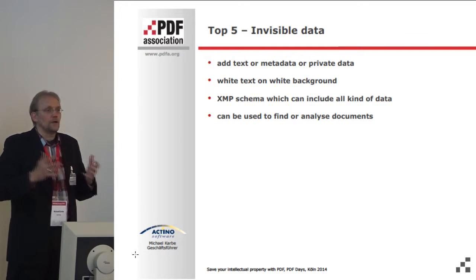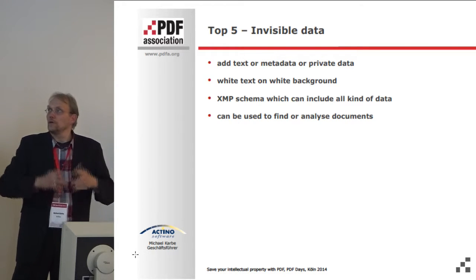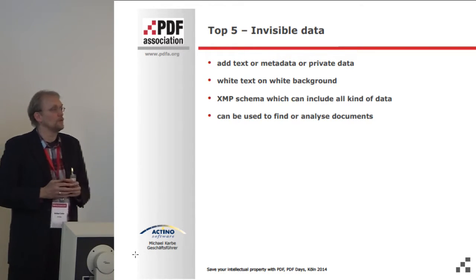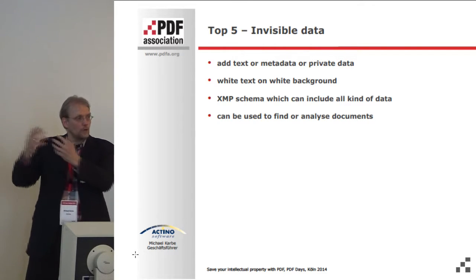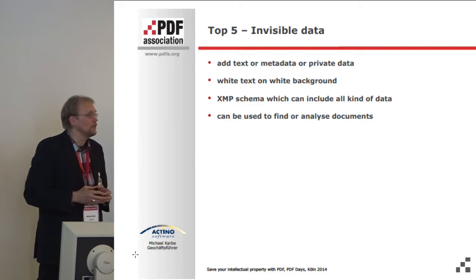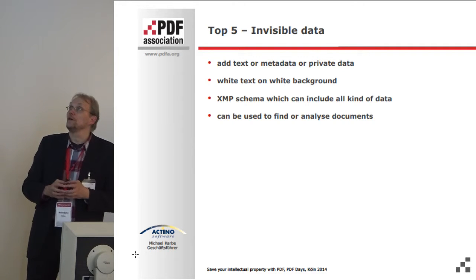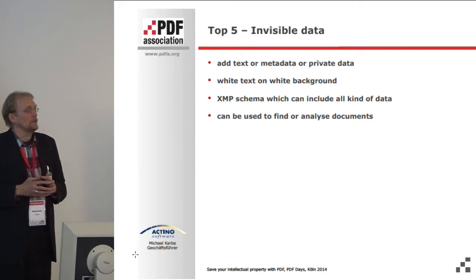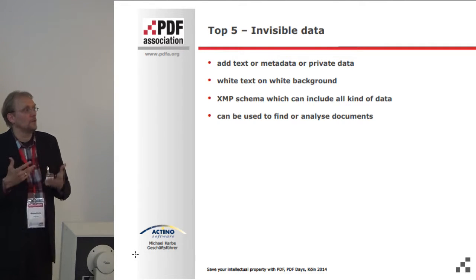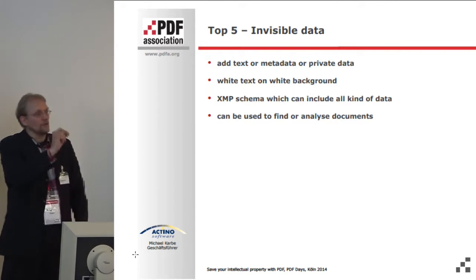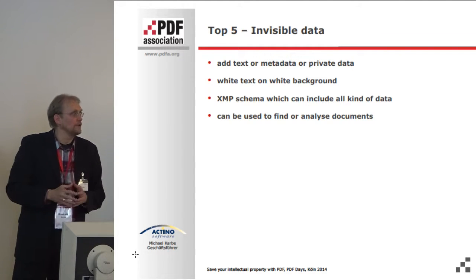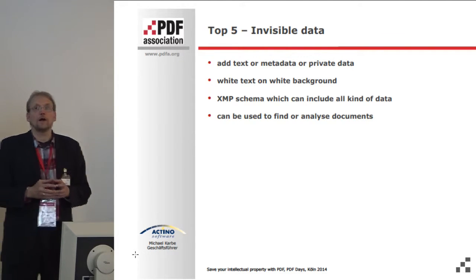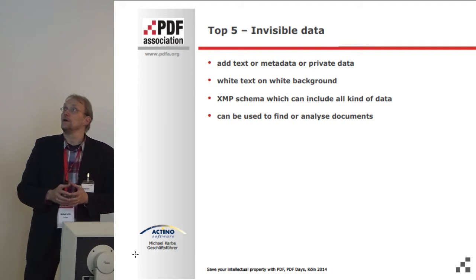And this is a way some customers of ours use to control and track a little bit the distribution of the PDF files. But even when it's invisible, if it's white on a white background, you can still do a search for this information because it's finally text which is part of the page.